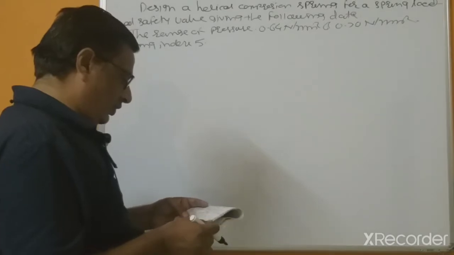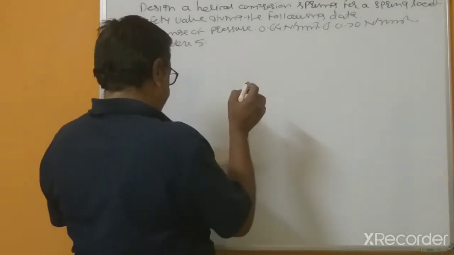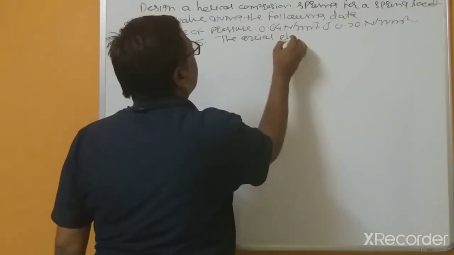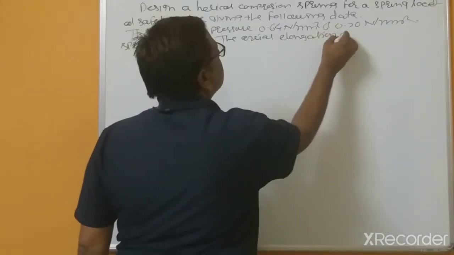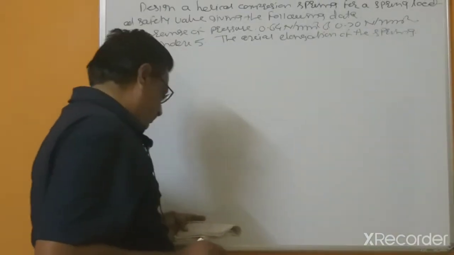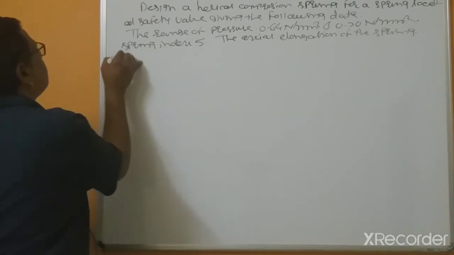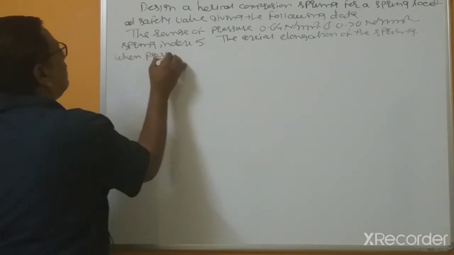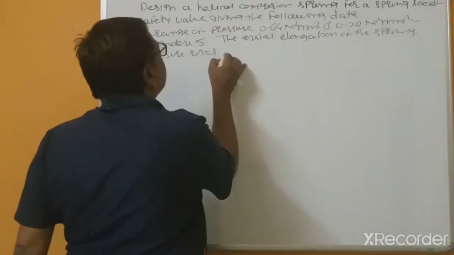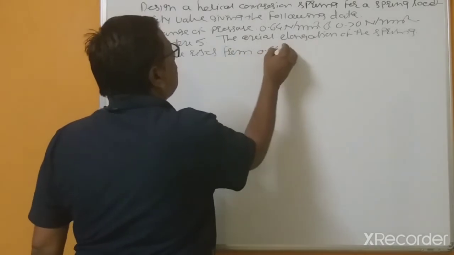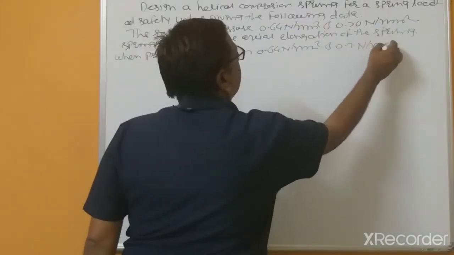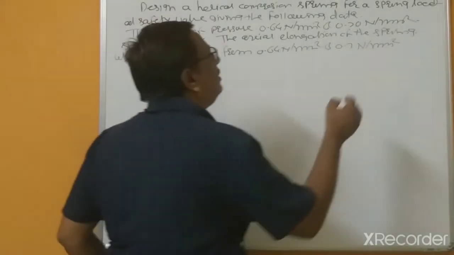Design means five parameters are important. The axial elongation of the spring when pressure rises from 0.64 Newton per mm squared to 0.70 Newton per mm squared is 3 mm.